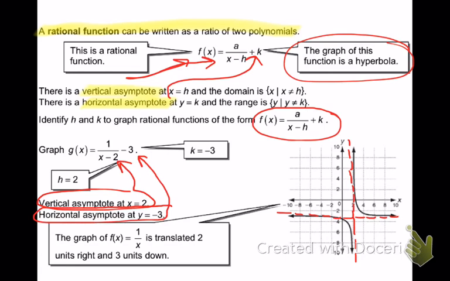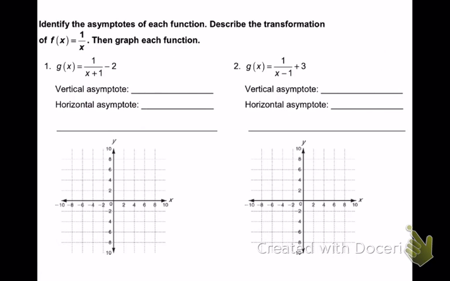So let's look at the first problem here. Number 1. Identify the asymptotes of each function. Describe the transformation of f of x equals 1 over x. Then graph each function. So remember, my vertical asymptotes are found in the denominator. So what's my vertical asymptote going to be here? -1.